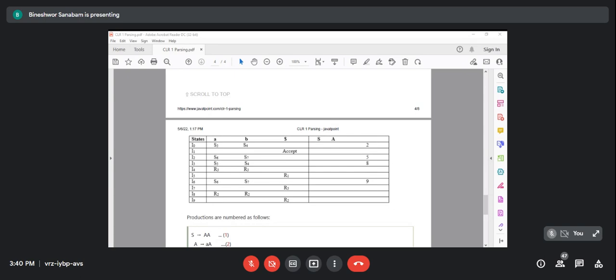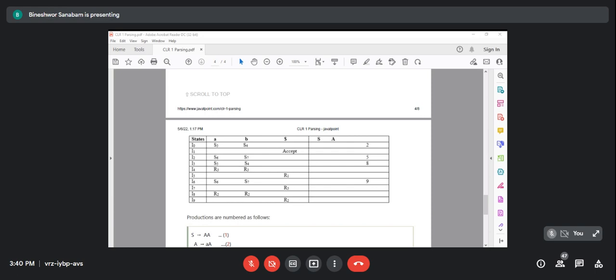So is everyone done? I assume everyone has finished copying this parsing table.